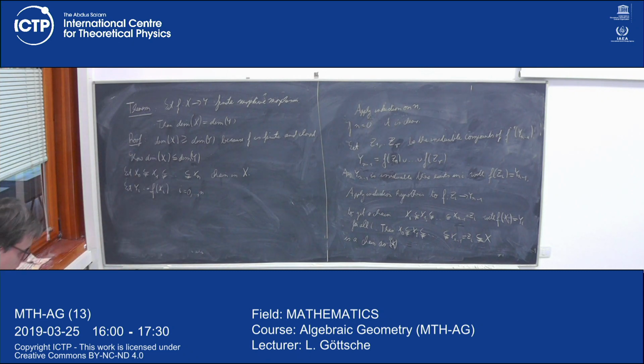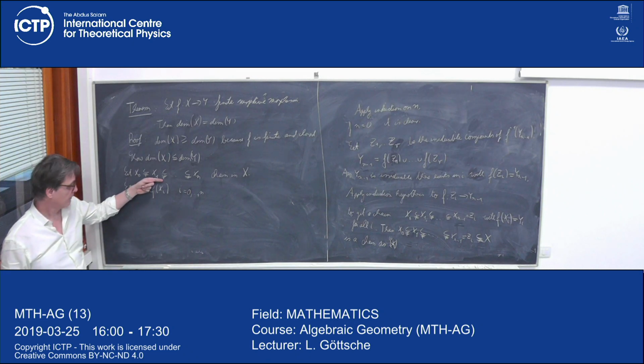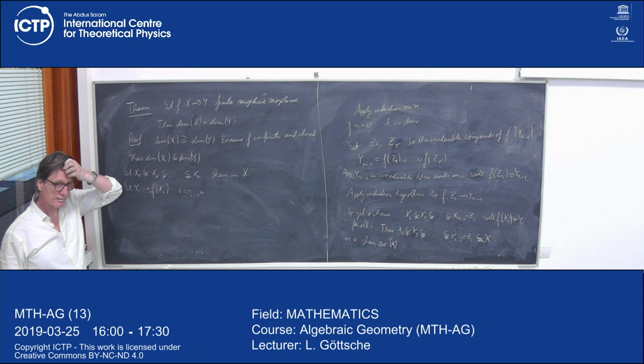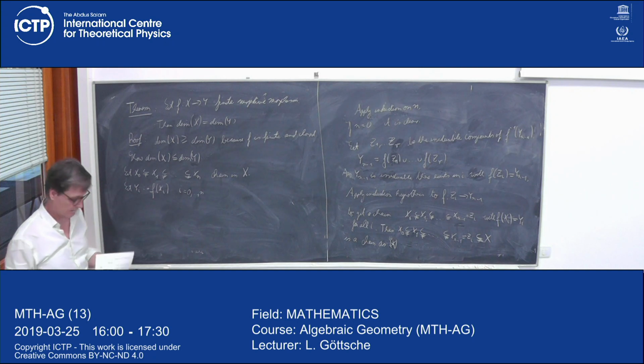Then we know that as this is strict inclusion, and this is a finite surjective morphism, we also get strict inclusions between the Yi.